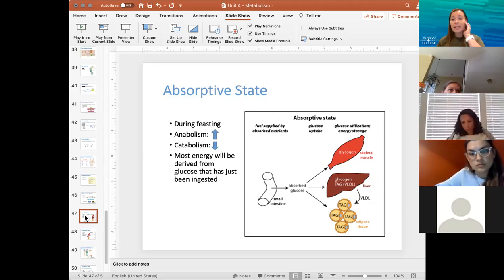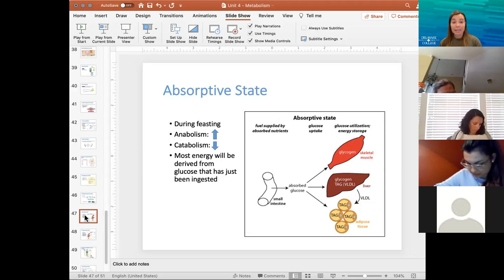Basically, this is when you've just eaten, and this is also assuming that you've eaten a balanced diet. You're not on any kind of special diet that's low carb or high fat or high protein, just a normal diet. So you've gotten carbs, proteins, and fats.